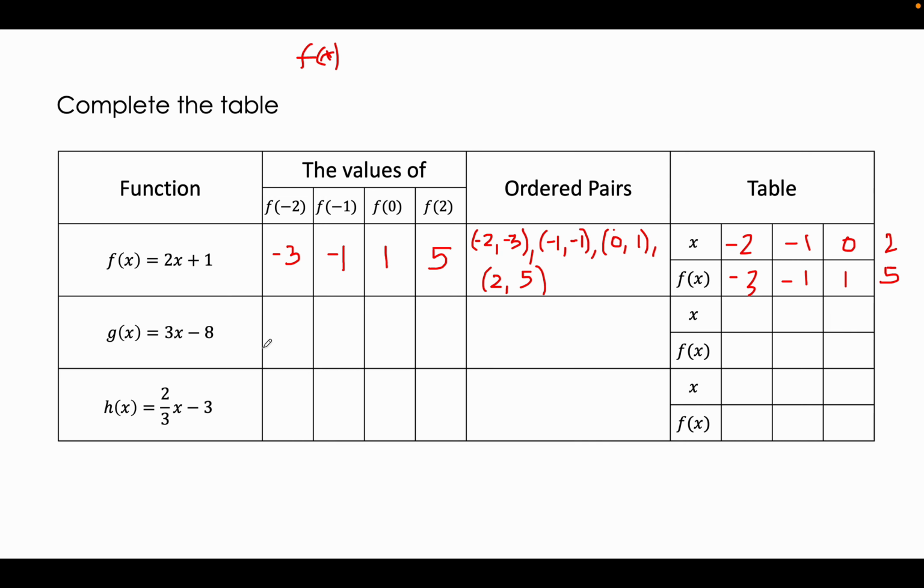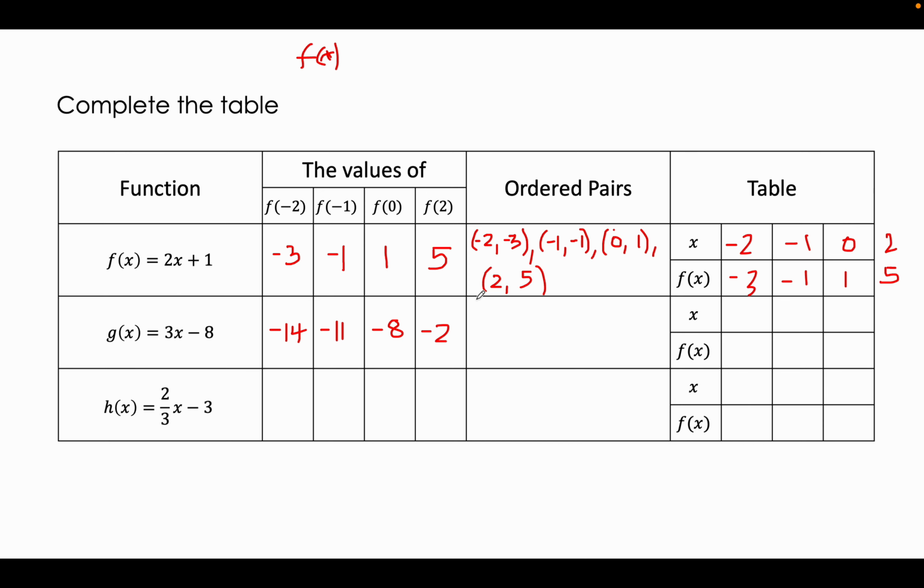Let me start with Carlo. What's your answer, Carlo, for f of negative 2? Negative 14. We have 3 times negative 2, negative 6, minus 8. Okay, negative 14. Then, for f of negative 1, what's your answer? Negative 11, okay? And f of 0? Negative 8. And for f of 2, negative 2.